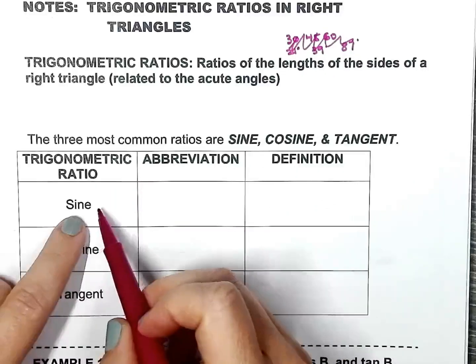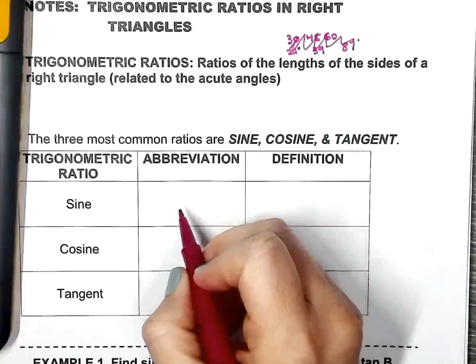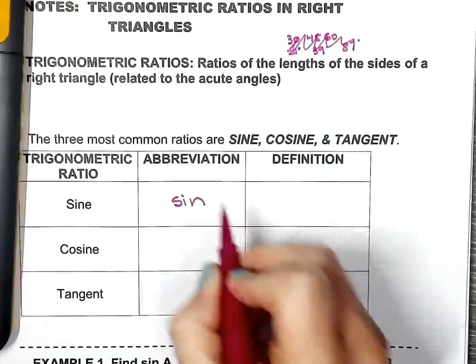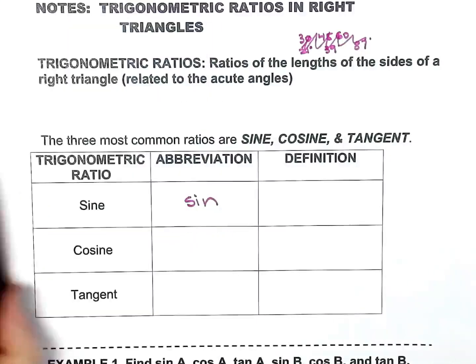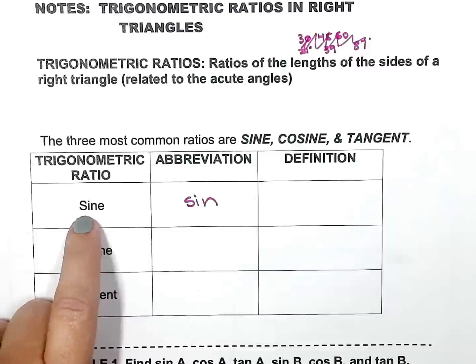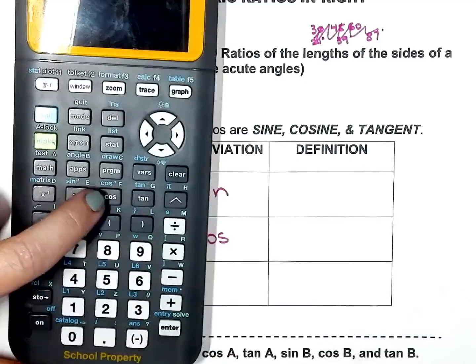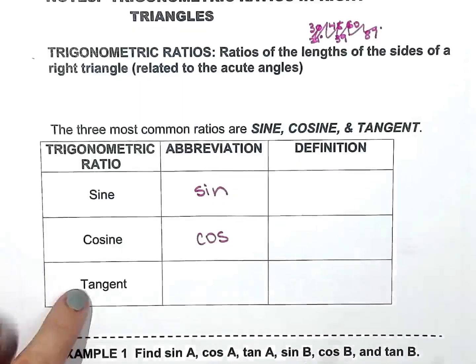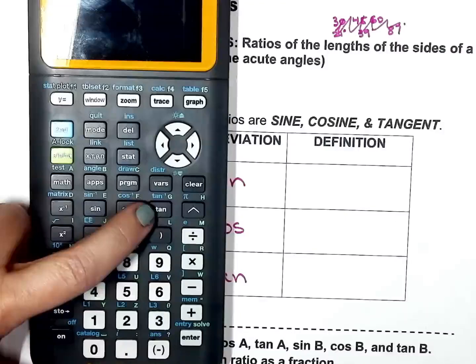When we're trying to find the sine of an angle, the key that you're going to see on the calculator is the sine key. This is the sine key right there. But you don't say sin, you say sine. Cosine is this one right there, and tangent is this one right here.